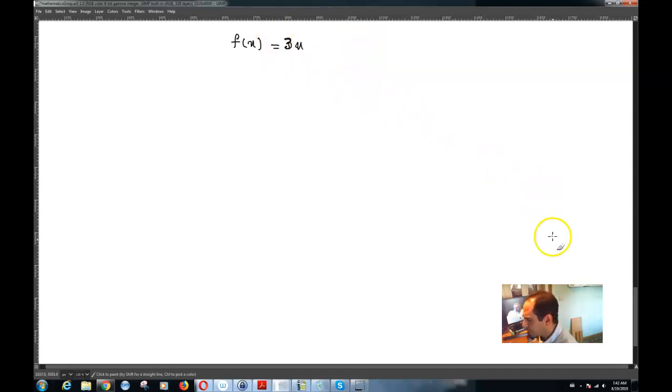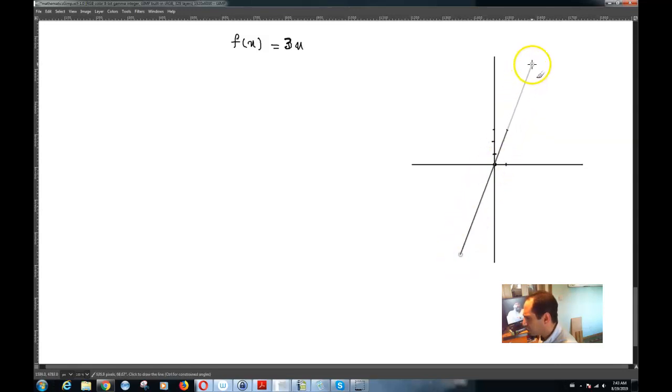So first of all, the graph of this function is going to be this graph over here, meaning that the function goes through 0, 0, and then the slope of this function is 3, meaning that you would get this line over here.